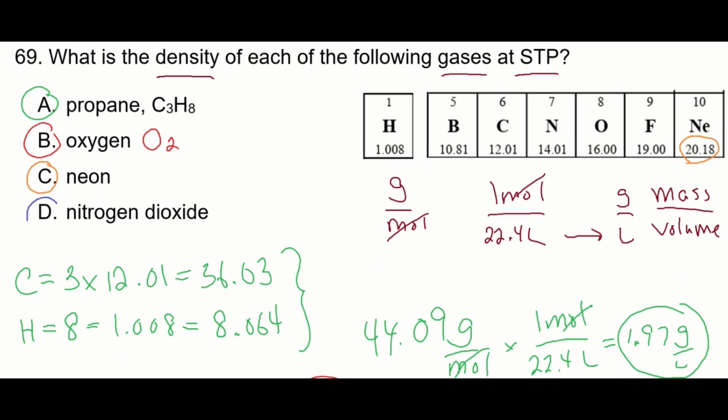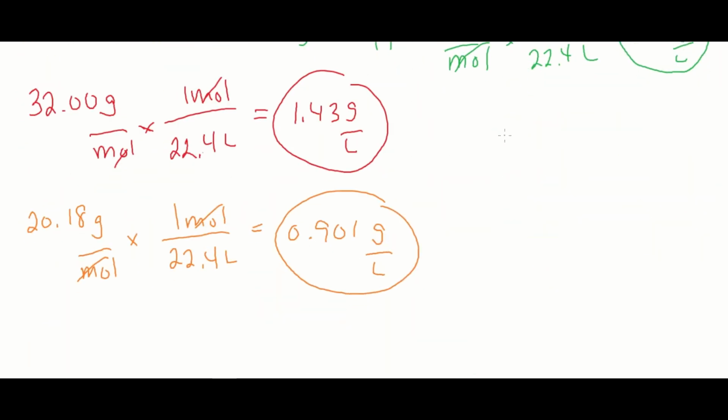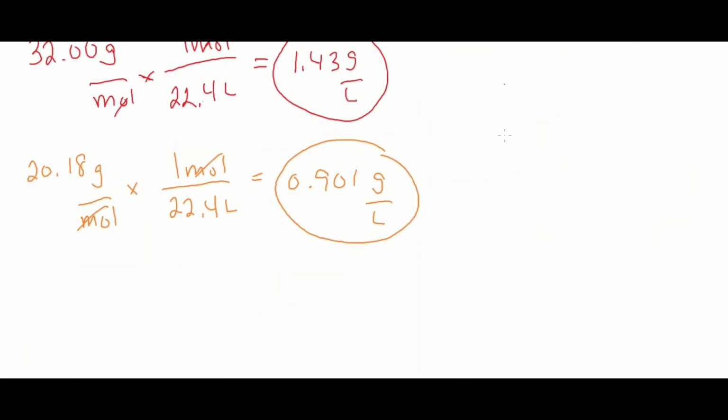And then finally, nitrogen dioxide, the chemical formula for that is NO2. So nitrogen has a molar mass of 14.01, and we're going to add that to the 2 oxygens, which have a molar mass of 32.0. Let's add them up.